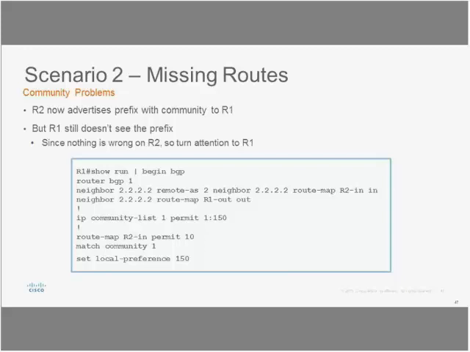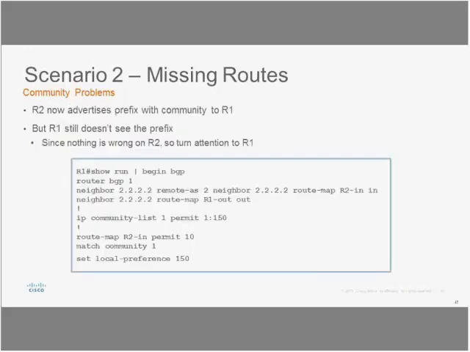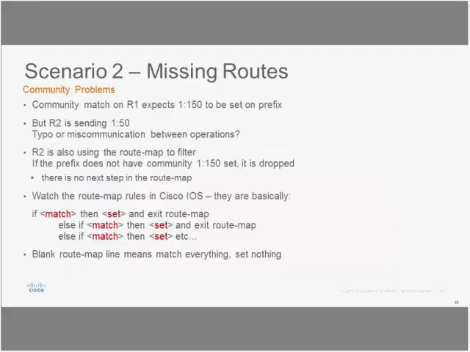So you need to ensure that you're configuring the correct community values when you're configuring community, okay? All right. So the community match on R1 expects 1:150, but R2 is sending 1:50, right? So R1 is not receiving those routes.